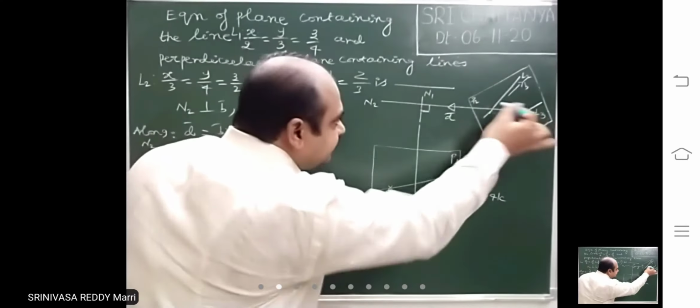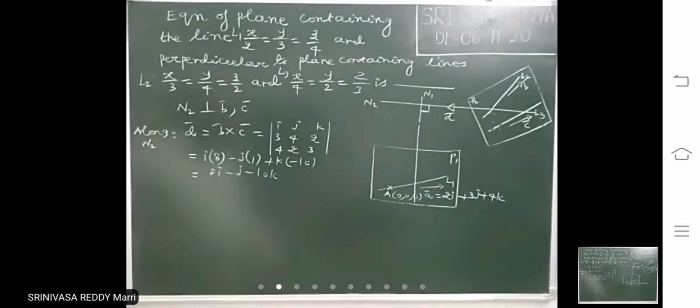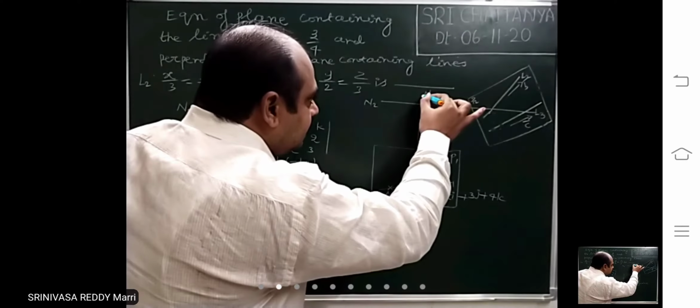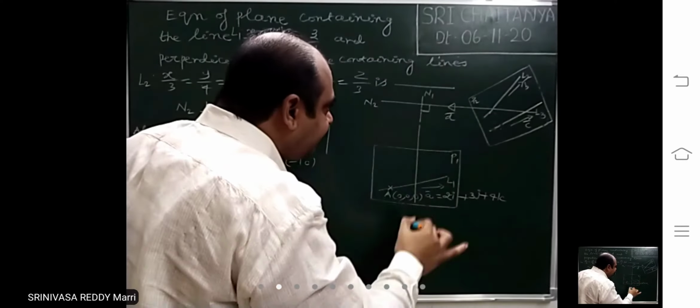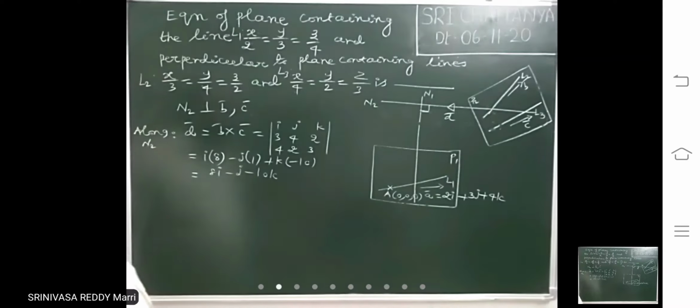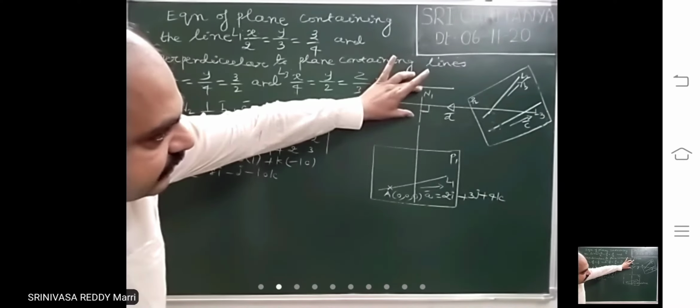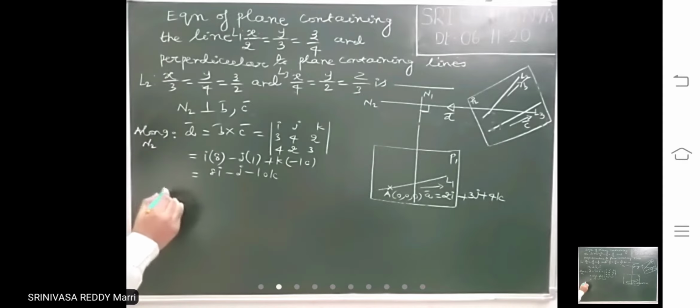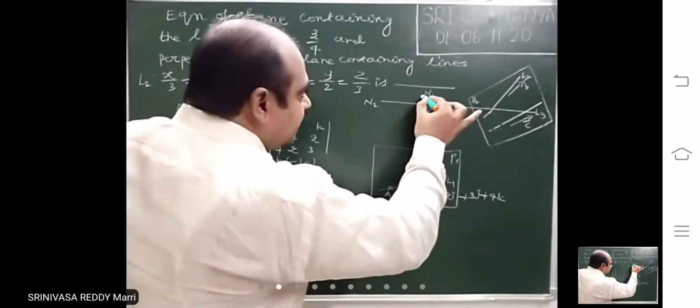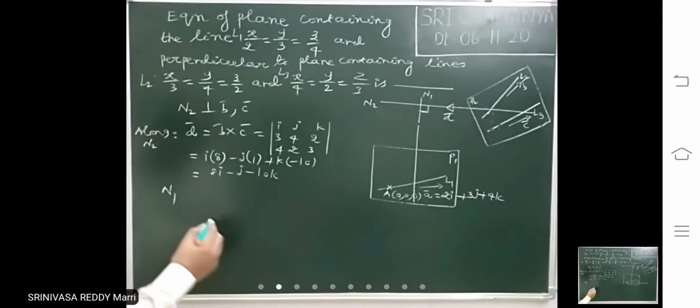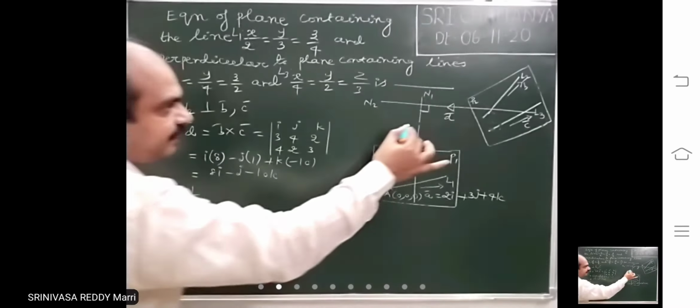Now this is not the plane we want. We want this plane. That means we want the drs of N1, a vector along normal 1. If you look here, normal 1 is perpendicular to N2.